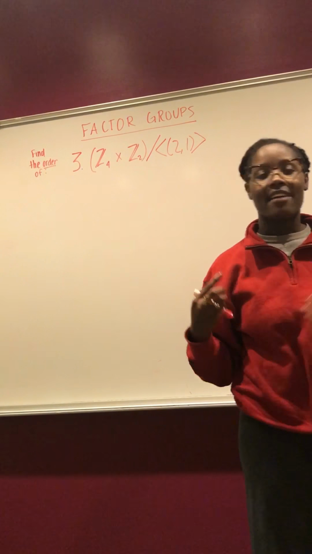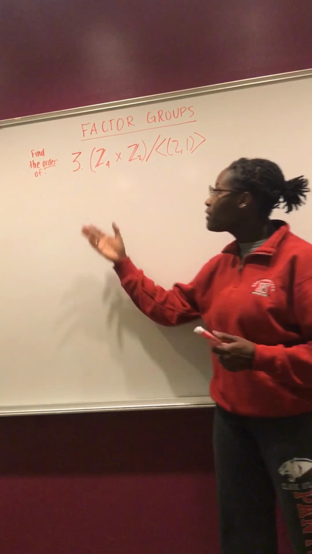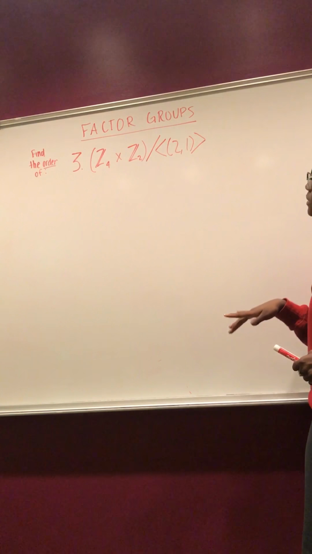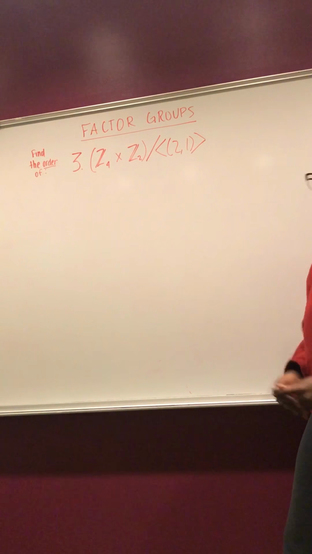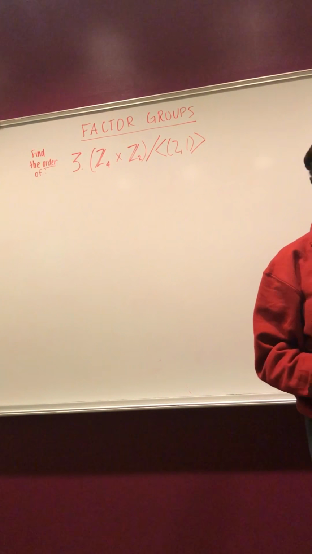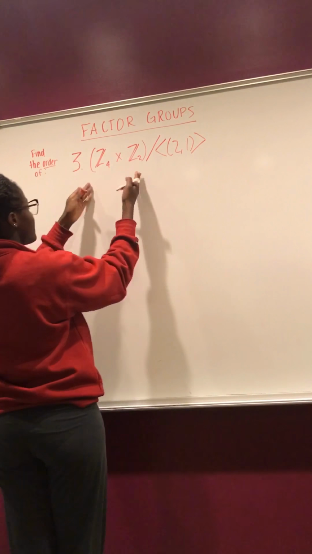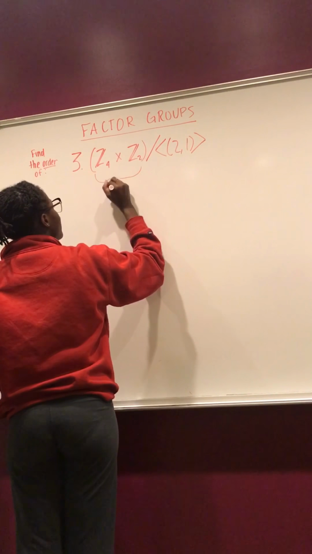Alright, so now we're going to be diving right into the problem from the book, where we are tasked to find the order of Z4 cross Z2 mod the cyclic subgroup generated by (2, 1). So looking at this, we know that this is our group, G, so I'll just write that.